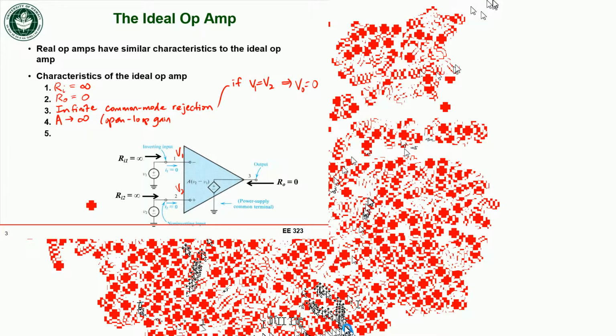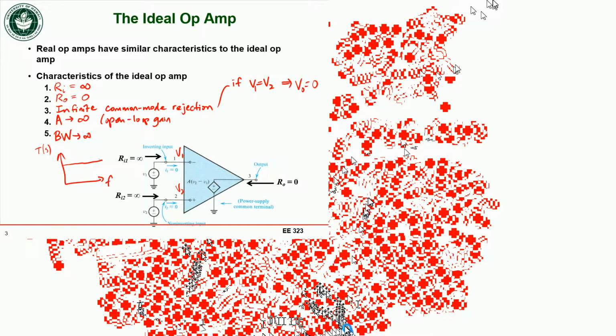The last one is that the bandwidth of the op-amp is infinite. No matter what frequency my input signals are coming in at, they'll all get amplified by the same amount, so I don't have any 3 dB frequency associated with this. If I was to plot gain, or the transfer function, for my op-amp, it's constant over all frequencies. Okay, so those are the ideal properties of my op-amp.